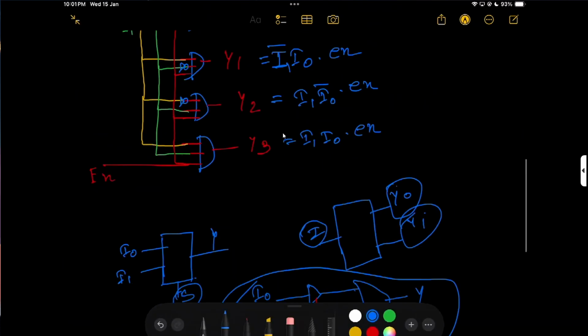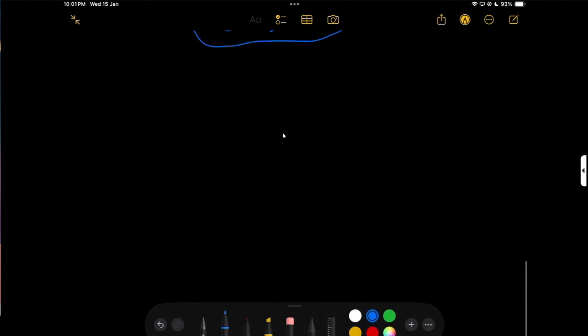Suppose we want to make a 4 is to 16 decoder using 2 is to 4 decoders. So how to make it?